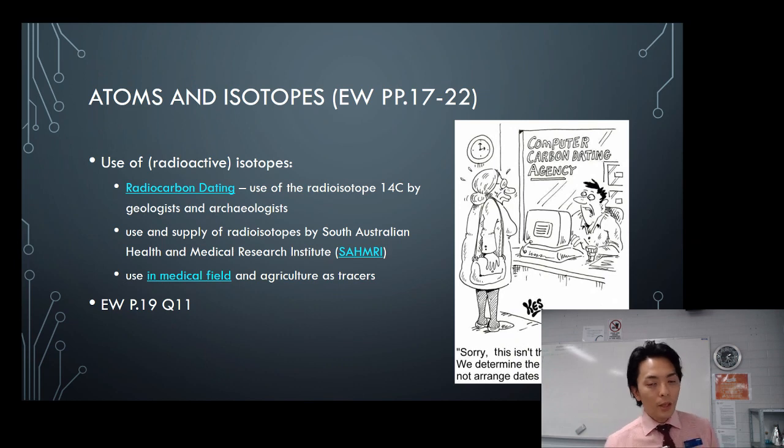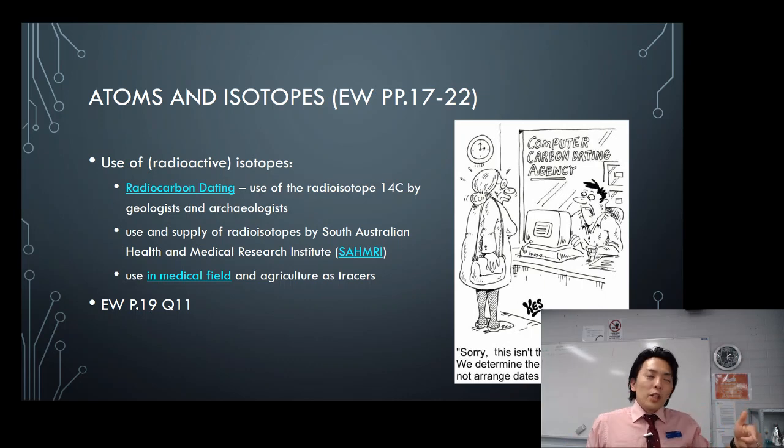Yeah, it's the last slide here. Use of radioactive isotopes. So where do we use isotopes? As I already mentioned, you use carbon 14 and its natural decay, which happens as soon as a living organism dies.